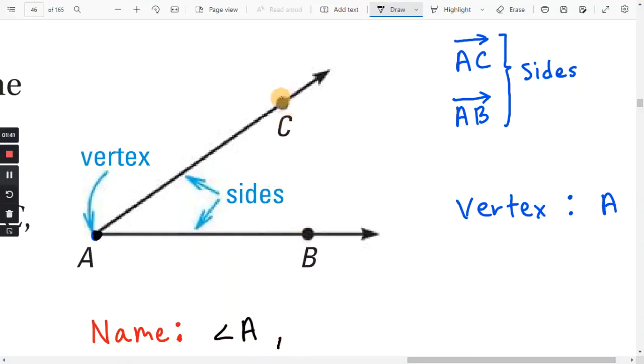So you can say CAB. You write the angle symbol and then write CAB. Or you can reverse the three letters. You write the angle symbol and you can write BAC.